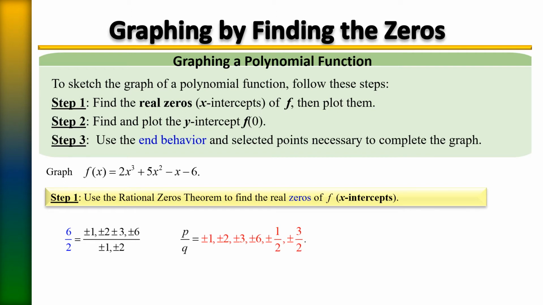Once you do that, you're going to list all of your rational possible zeros there. And here we have plus or minus 1, 2, 3, 6, 1/2, and 3/2. So those are all the combinations of different unique numbers we can make with p over q.